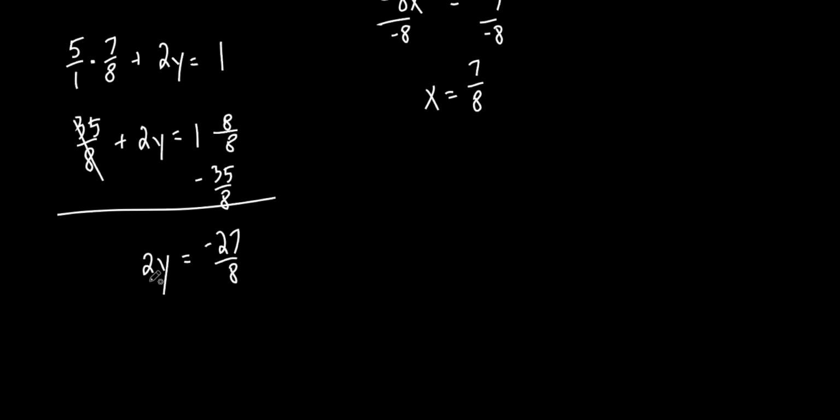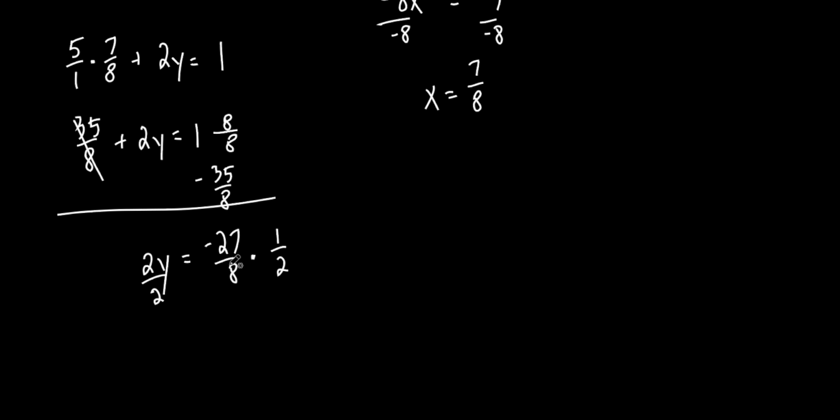Now what do I do? Divide by 2. But it is a fraction, all right? So what's the same thing as dividing by 2? Multiplying by what? Nobody? Say it. I heard somebody say it. Right. Multiply it by a half. You got it. It's the same thing as dividing by 2, isn't it? Why in the world would I just all of a sudden multiply by a half instead of divide that by 2?